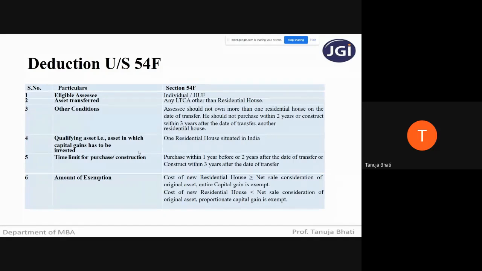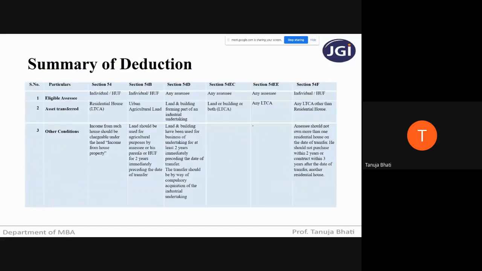So by this we have seen different deductions under section 54, 54B, 54D, 54EC, 54EE and 54F.